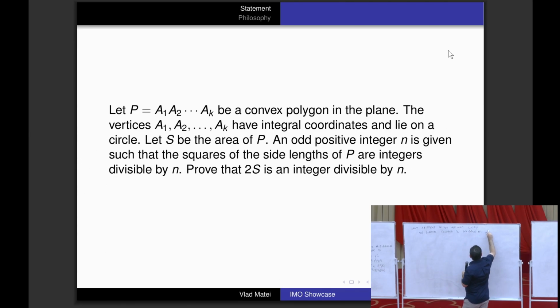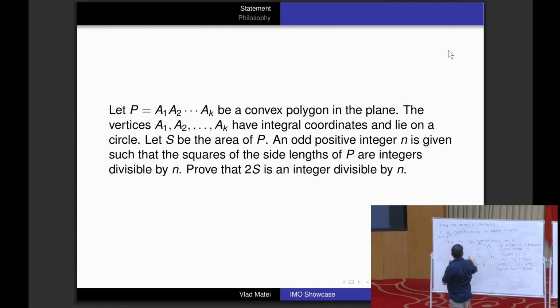One thing I should say, and it's already contained in what I wrote, is that the area, by the shoelace formula, 2S is an integer.